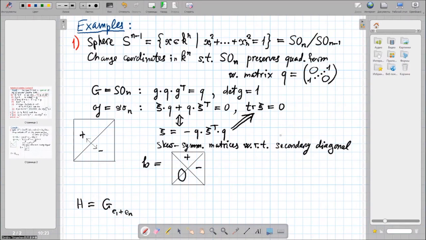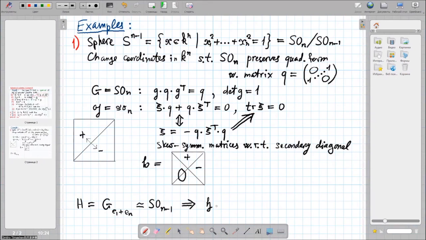So the value of the quadratic form on this vector is 2. If we divide it by the square root of 2, then we get a vector on S^(n-1), on this sphere, and this is the stabilizer. So my homogeneous space is G mod H. Of course, this subgroup is isomorphic to SO_(n-1). And what is the Lie algebra of H in the matrix form?